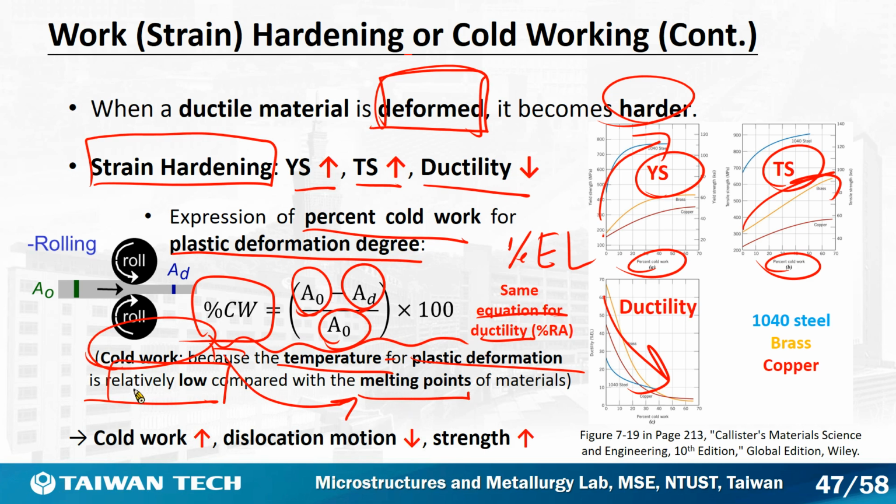So with increasing cold work amount, it means that the materials experience severe plastic deformation, and it will cause the decrease in dislocation motion and then the increase in the strength. So in the next slide, let's talk about the decrease in dislocation motion and the mechanism.